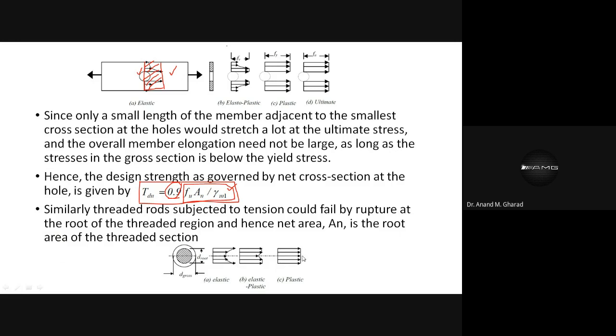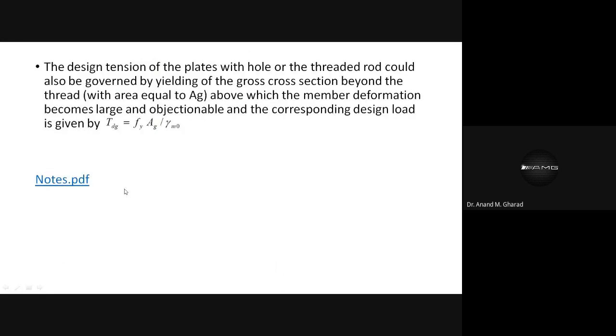It will reach its plastic stage, and then the failure may take place. And therefore, the design tension of the plate with hole or the threaded rod could also be governed by yielding of the cross section beyond the thread, above which the member deformation becomes large and objectionable, and the corresponding design load is given by this formulation again.